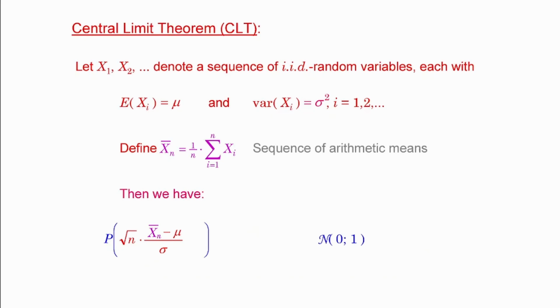Now, you can also write it differently, which is a different notation. The limit of the probability, and what you see here is the cumulative distribution function of the standardized arithmetic mean, is going to converge as the sequence progresses to phi at the same point. So phi is the cumulative distribution function of the standard normal distribution. That is basically the same thing.